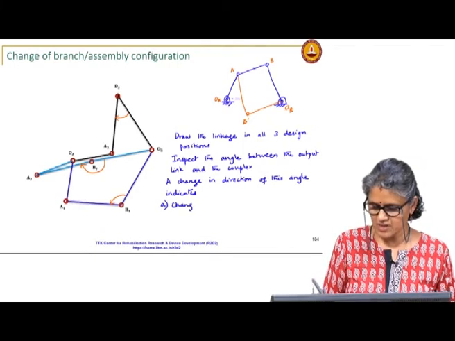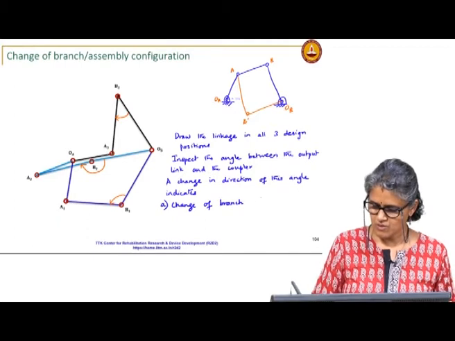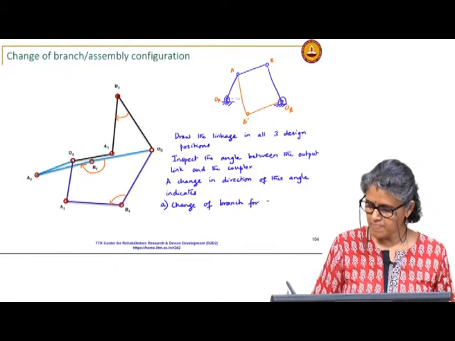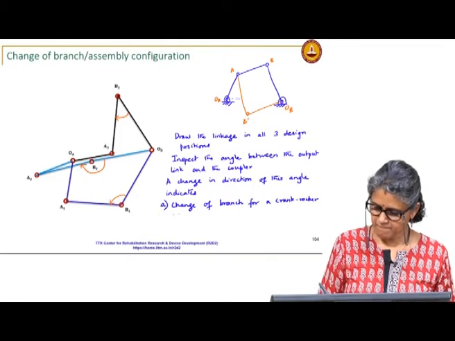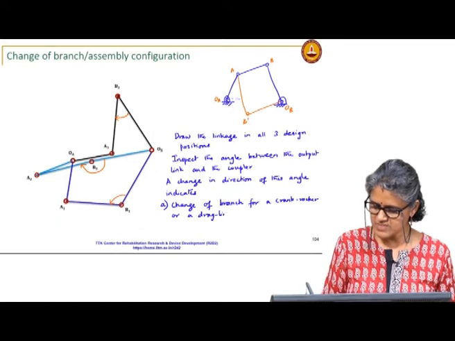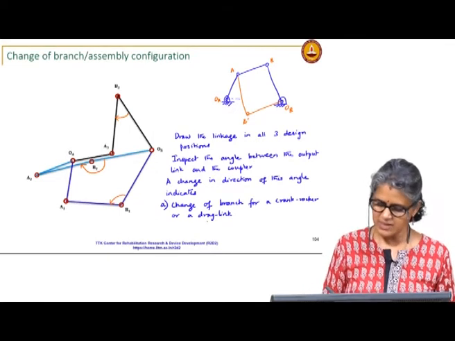So, if it is a crank rocker, or a drag link, it means there is a change of branch happening.